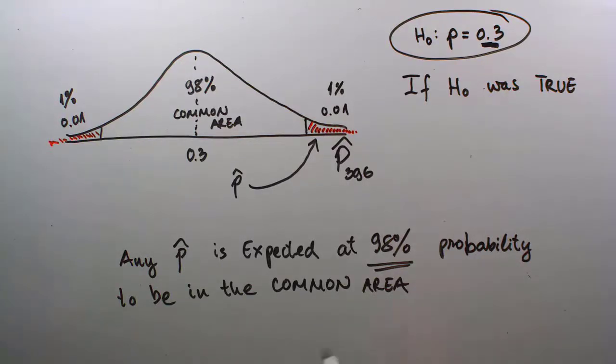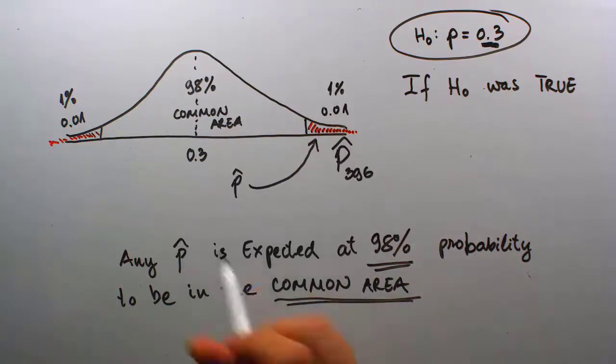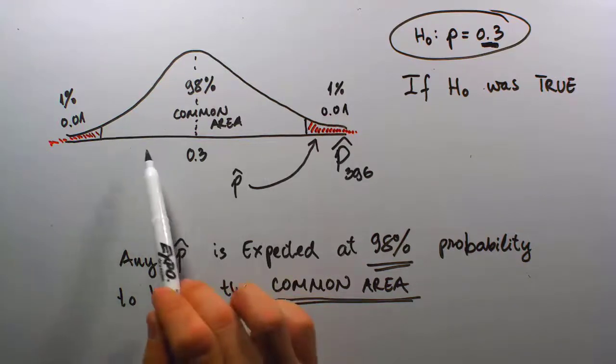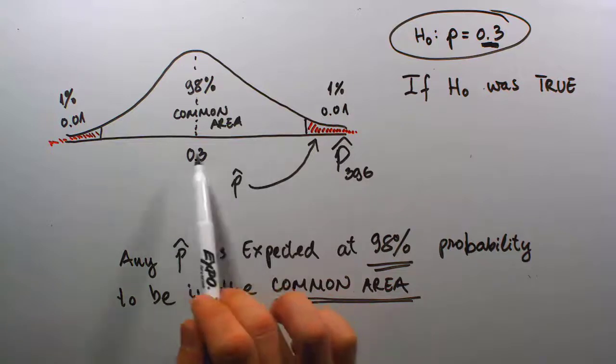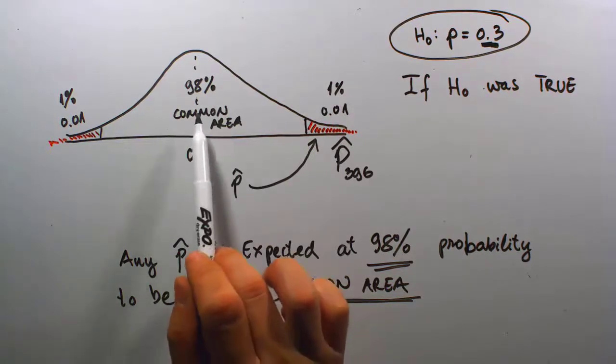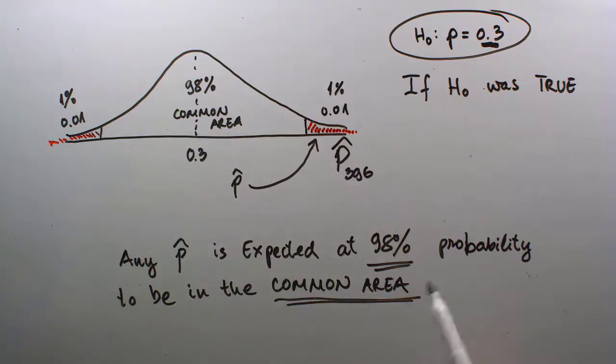And again, being in the common area means the values can fluctuate up and down, but are commonly found enough that they are allowed or accepted. So that's the expectation. That's the expectation before we pick any sample. But look at our sample.